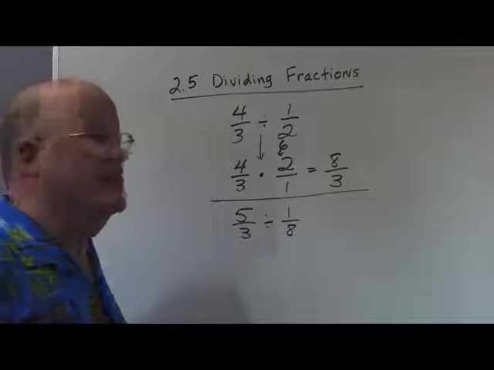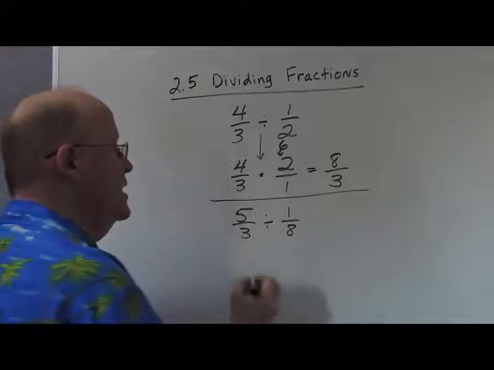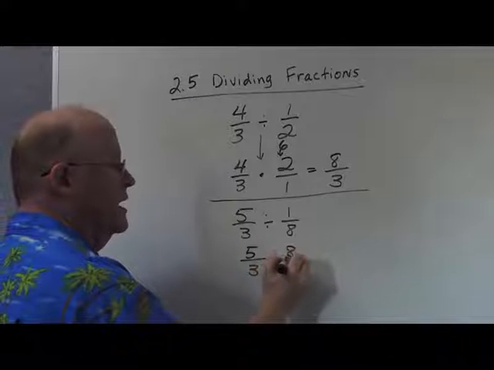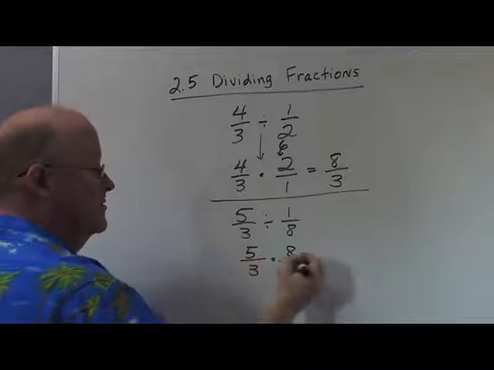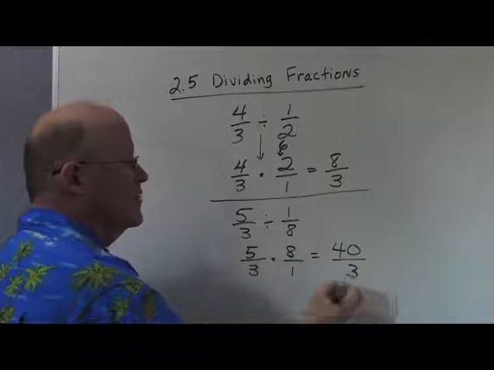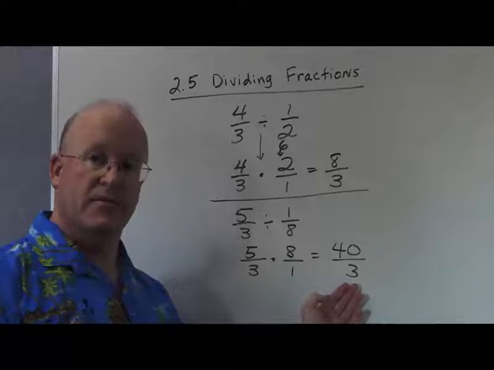We can't have it in this form. We need to change this to multiplication by the reciprocal of 1/8, and so we would write this as 5/3 times 8 over 1. 5 times 8 in the numerator gives us 40, and 3 times 1 is 3 in the denominator. And again, I'm going to leave this as an improper fraction.